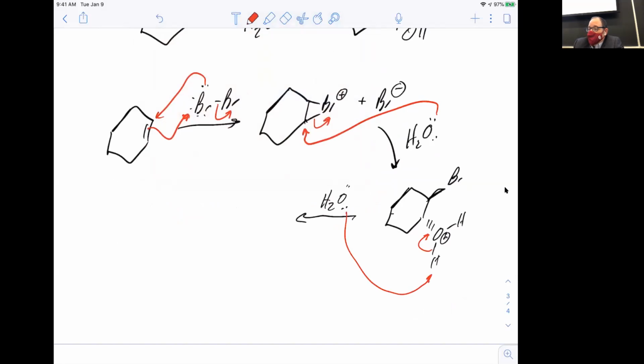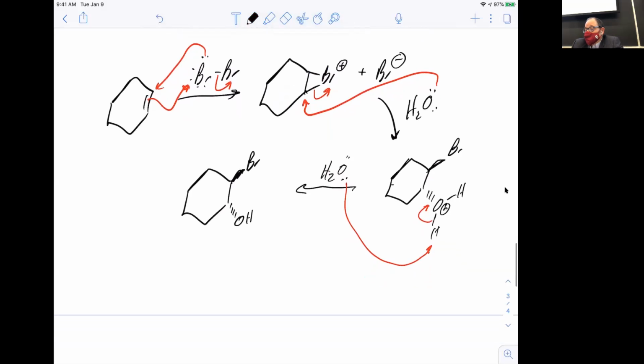Electrons go back to the oxygen. Okay, questions about this one?